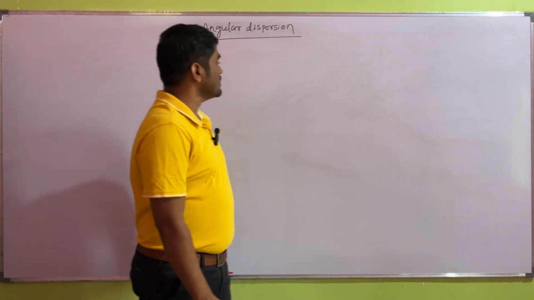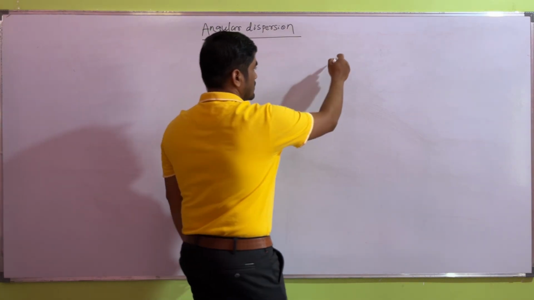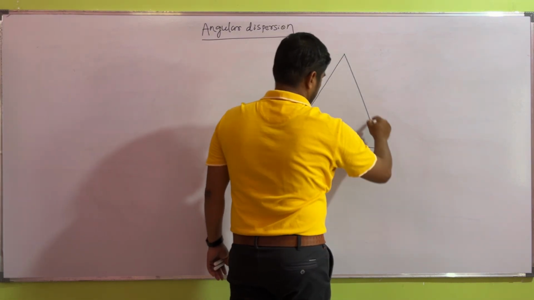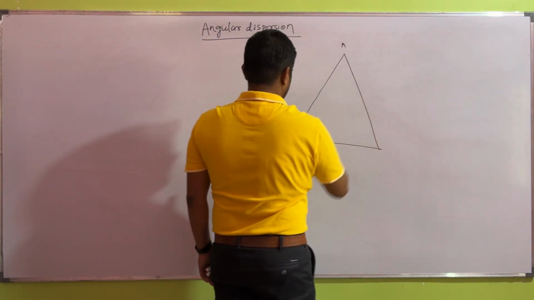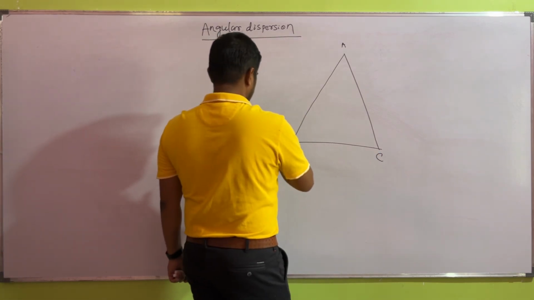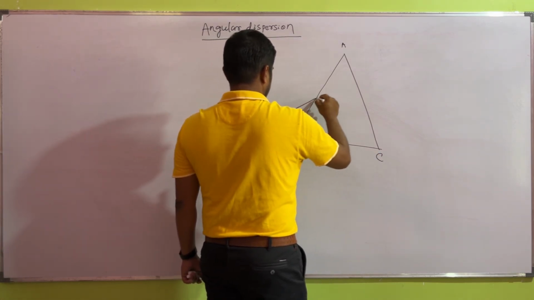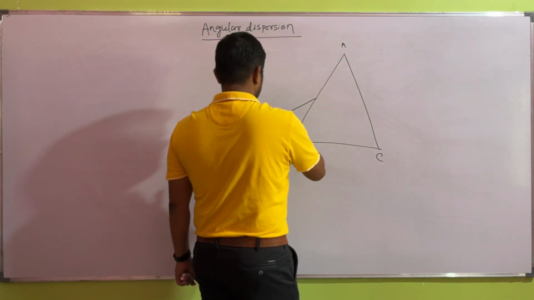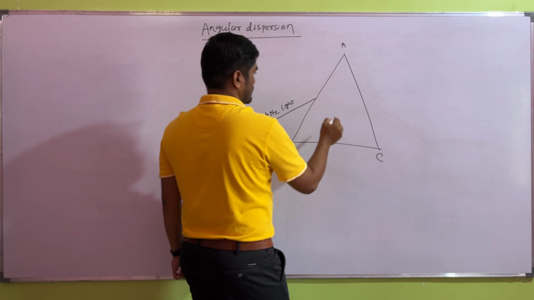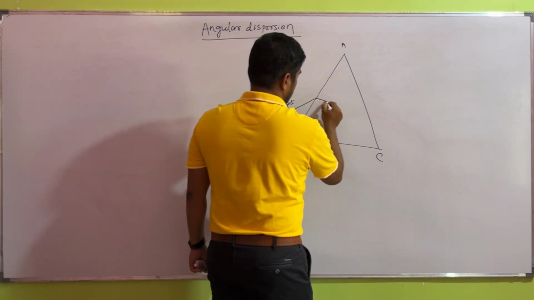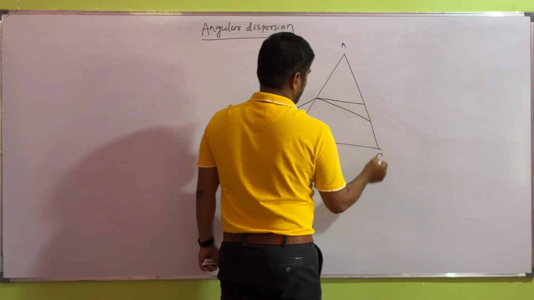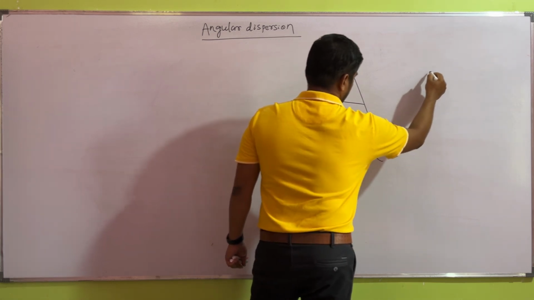And in dispersion, this is the prism A, B, C, and here the white light splits off into 7 constituent colors.